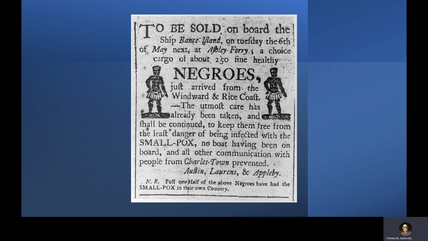It's possible also that they were given some sort of vaccine. They had these sort of rudimentary vaccines back then. So the point is this, right? We know that these people are usually trafficked in very unhealthy conditions, but here we're being told that they're healthy. But we also know that they're being treated like livestock. They're chattel. They're not being treated like people.